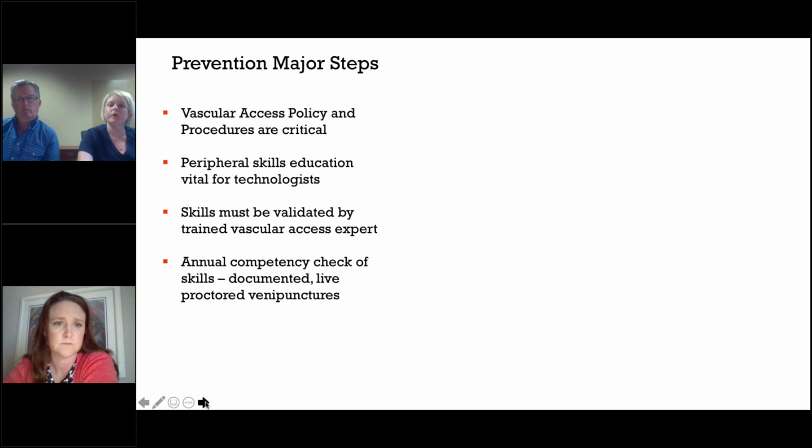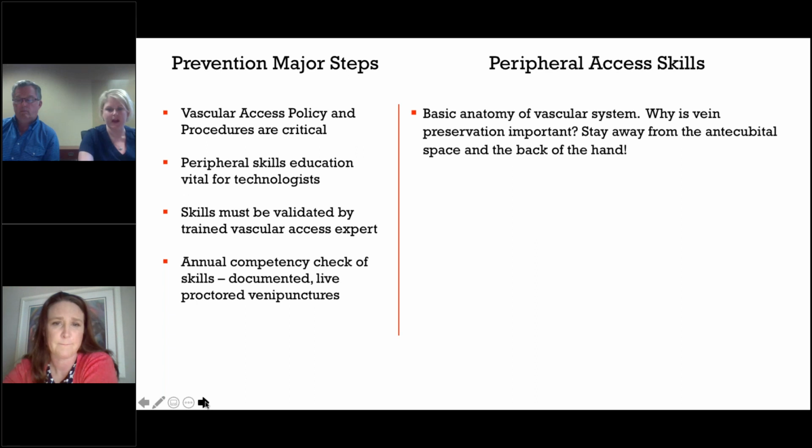Peripheral access skills. We should be asking everyone that puts an IV needle, catheter, any needle of any kind into someone's body, what is the basic anatomy of the vascular system? Why is vein preservation important? Stay away from the antecubital space and the back of the hand. The antecubital space is the go-to for technologists.